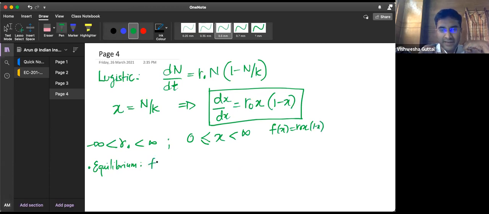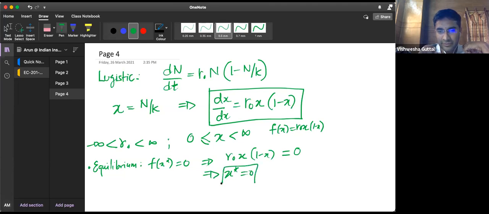So for equilibrium we set f of x equal to 0, and that can happen either when x star itself is 0 or x star is equal to 1. Note that x star equal to 1 is the same as saying n is equal to k. So we have two equilibria for this model.